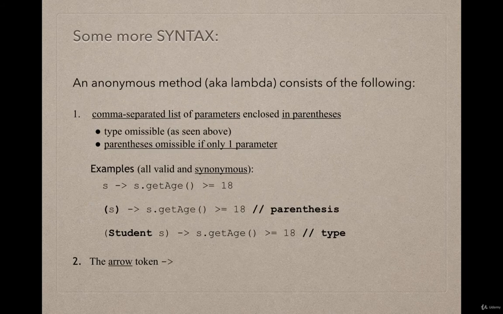Some more syntax rules to remember. An anonymous method, aka lambda expression, consists of the following. Number one, a comma-separated list of parameters enclosed in parentheses. The type is omissible, as seen above. The parentheses are also omissible if there is only one parameter. Let's look at some examples. These three lines are all valid and they are synonymous, meaning they all mean the same thing.